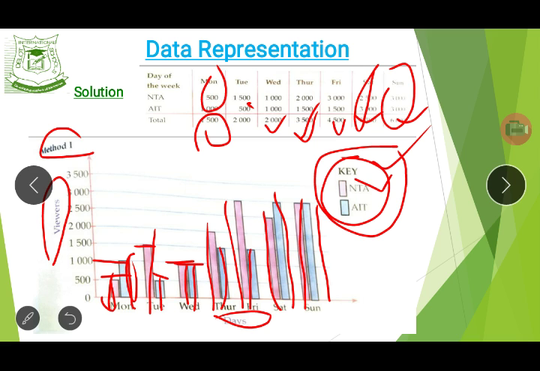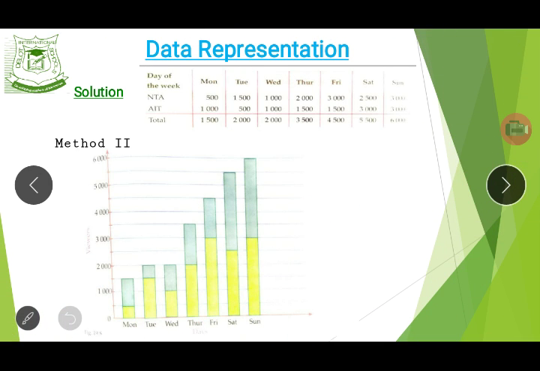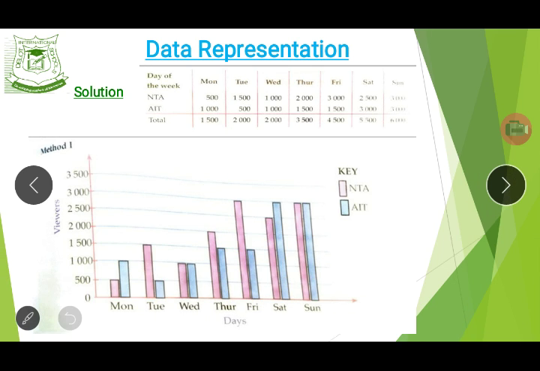Now, this is the first method which you can use. The second method you can use is what you are looking at right now. That is, you draw, but this time around, you will not draw both bars beside each other. The amount of space between each bar is the same.